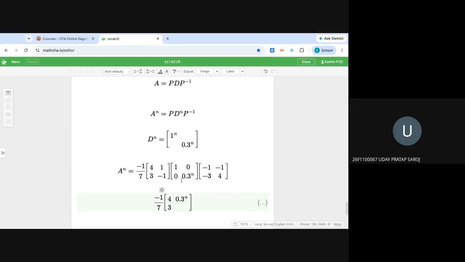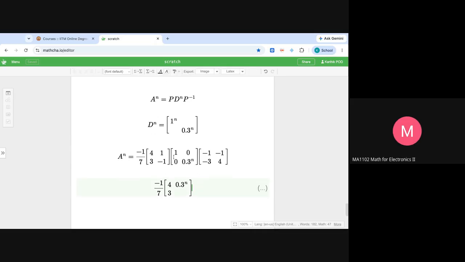Matrix multiplication is not commutative, but it is associative. So you could multiply these two first and then with this. The only thing you should not do is swap the order, because those are two different things.